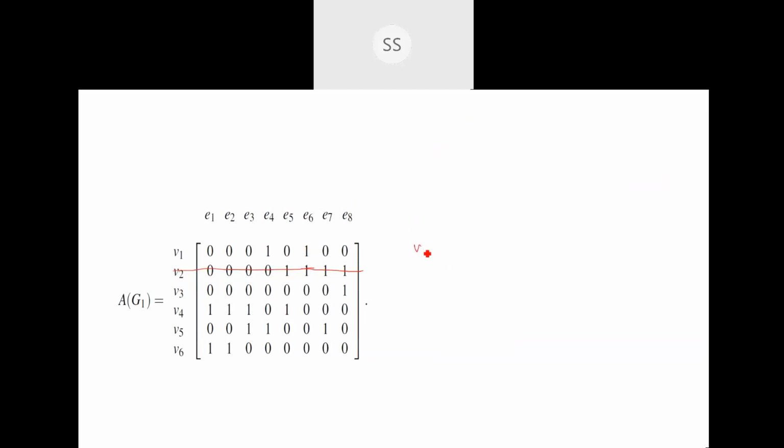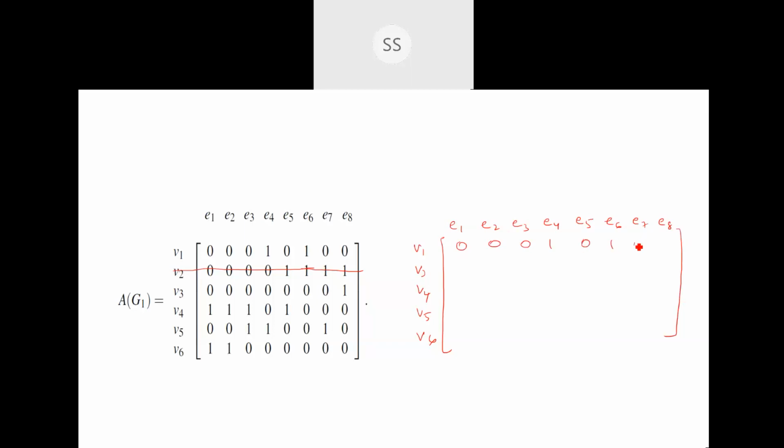I get V1, V3, V4, V5 and V6, and this is called the reduced incidence matrix, which will have the same edges E1, E2, E3, E4, E5, E6, E7 and E8. So I'll write it as 0, 0, 0.